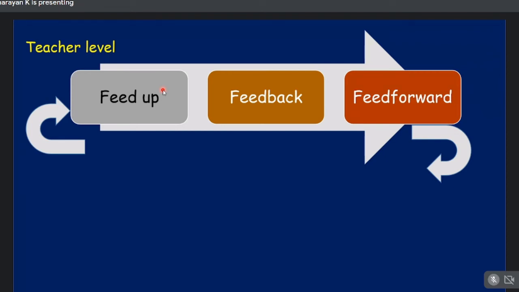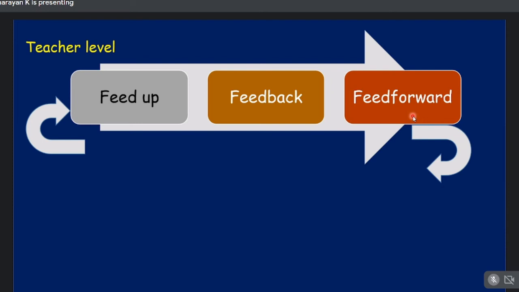That is feed up. Then after they have performed, we give feedback. That's fine. We say, okay, you have achieved this much, you have done this well, you have not done this so well, whatever. Then comes the most important, feed forward. Feed forward is telling the student what he or she needs to do to perform better next time. When they move forward, what they should modify, what they should alter.